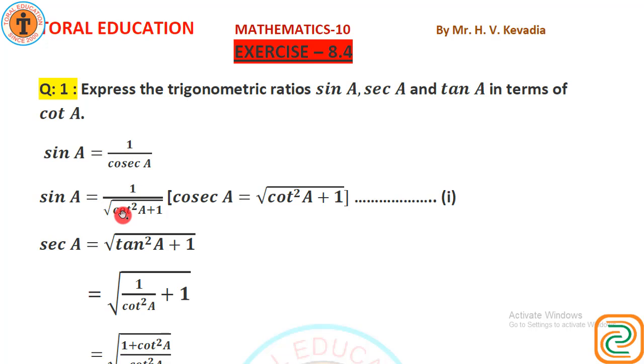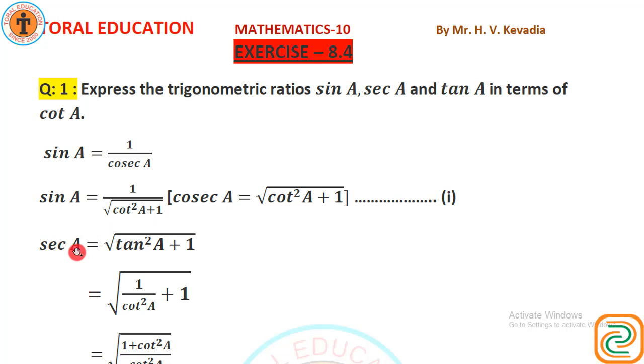Square root of cot square A plus 1 equals cosec A. Here I have given cosec A equals root cot square A plus 1. This is result number 1. We have converted sin A into cot A.